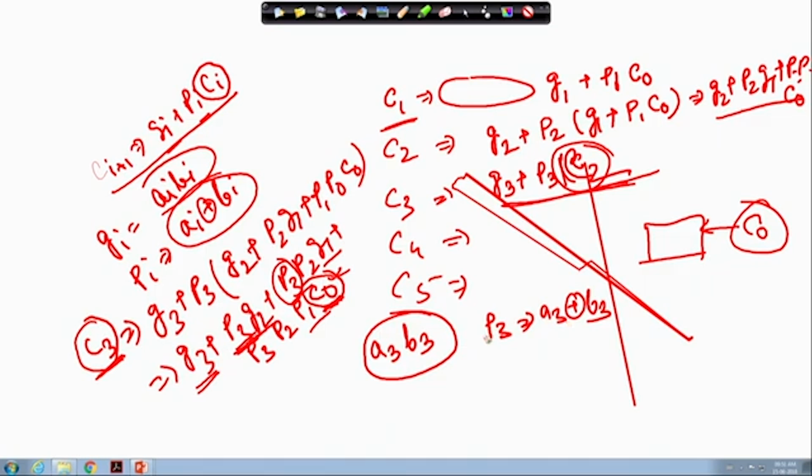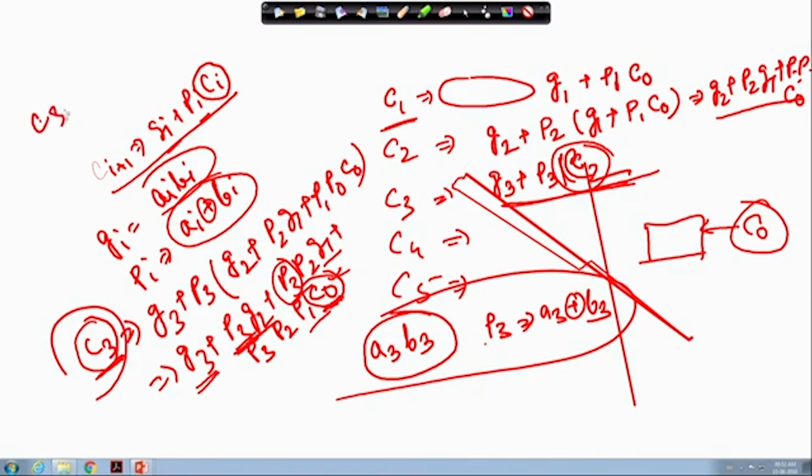So this carry does not depend on the previous carry, unlike in the ripple carry adder. In a ripple carry adder, C3 cannot be computed unless C2 is available, and C2 cannot be calculated unless C1 is available.